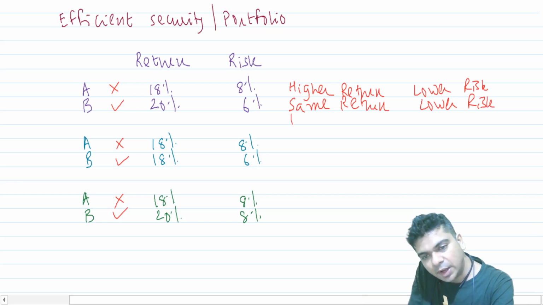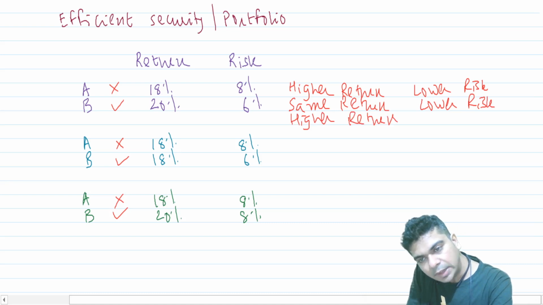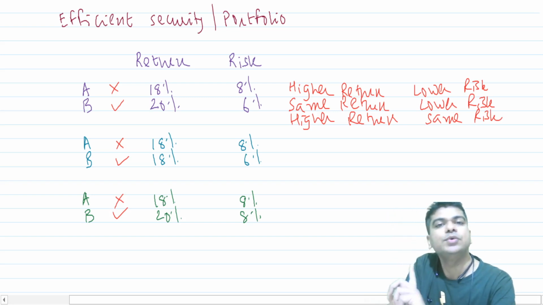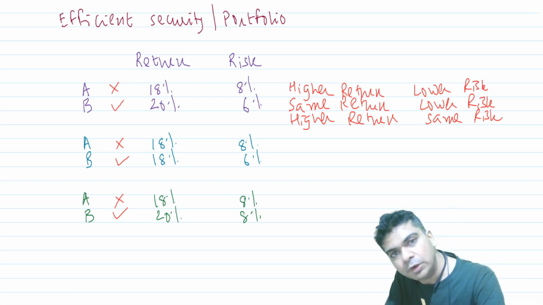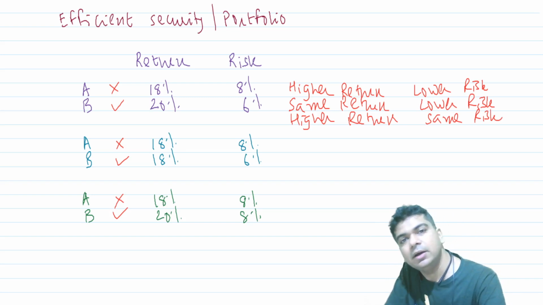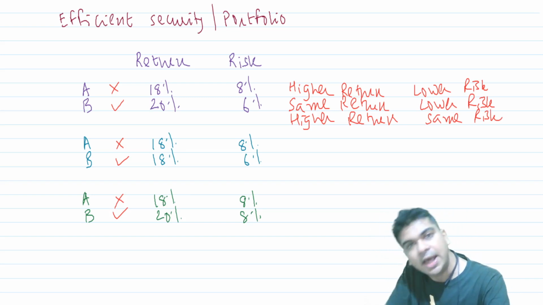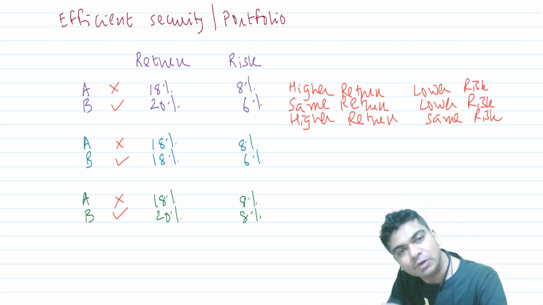And in the third one, you are getting higher return at same risk. So a security or a portfolio is efficient if there is no other security or portfolio which is giving higher return at lower risk, same return at lower risk, or higher return at the same level of risk.